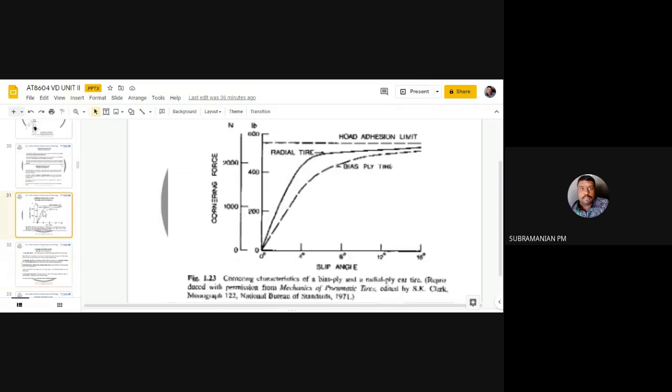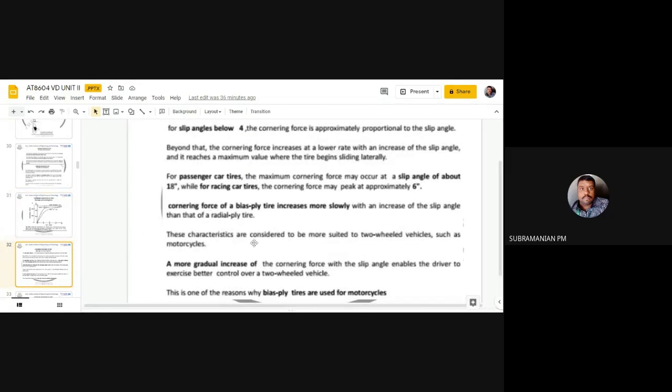I can go ahead with this bias ply, because in a two-wheeler I have to avoid lateral sliding of the tires. So I prefer the increase in cornering force to be less with my slip angle.